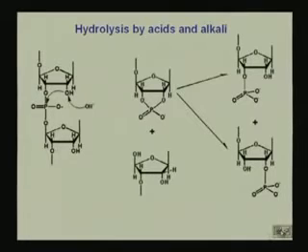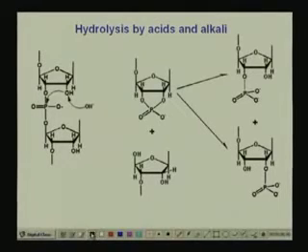This is your OH at the 2 prime position. What is going to happen in that case? You are going to have easy hydrolysis possible. With an OH minus, you can have hydrolysis at the OH position.